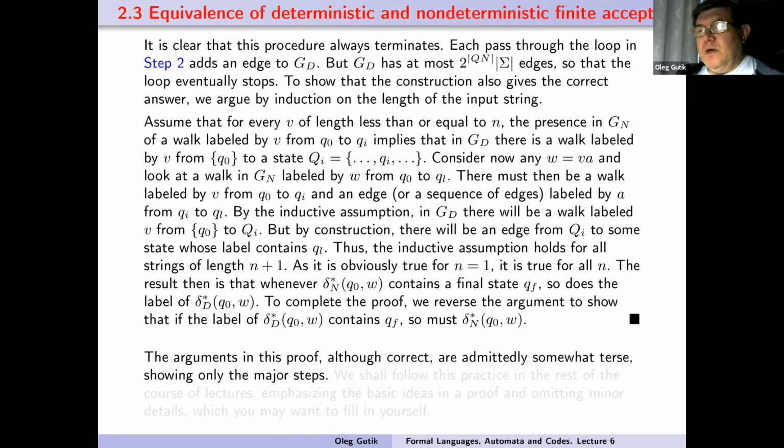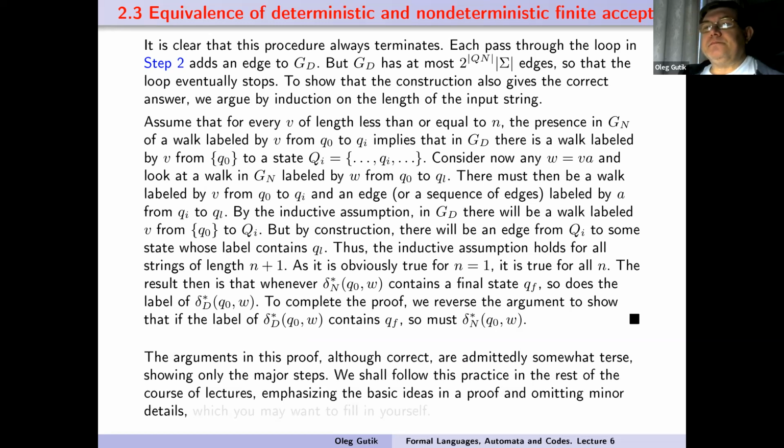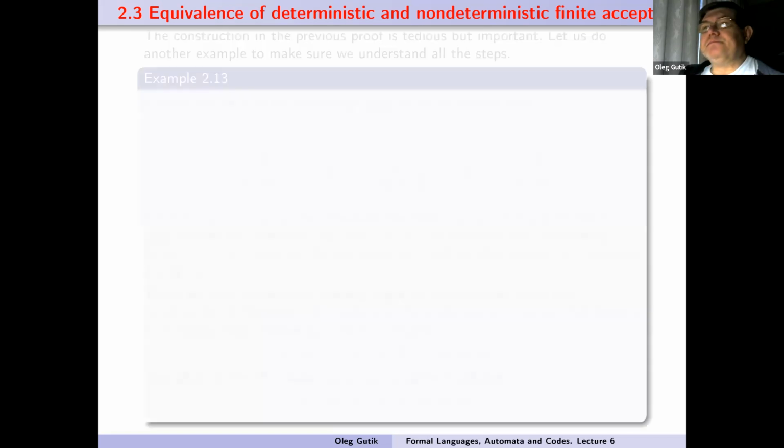The arguments in this proof, although correct, are admittedly somewhat terse, showing only the major steps. We shall follow this practice in the rest of the course of lectures, emphasizing the basic idea in the proof and omitting minor details which you may want to fill in yourself.